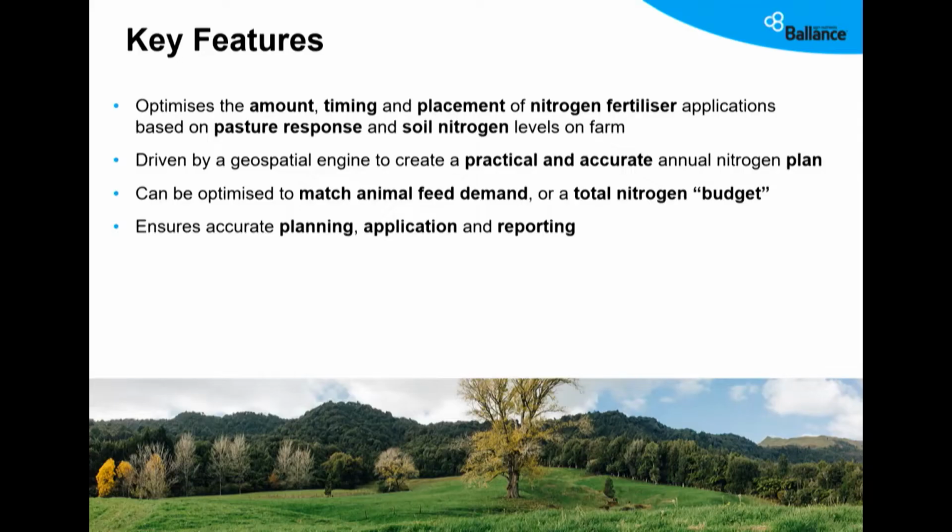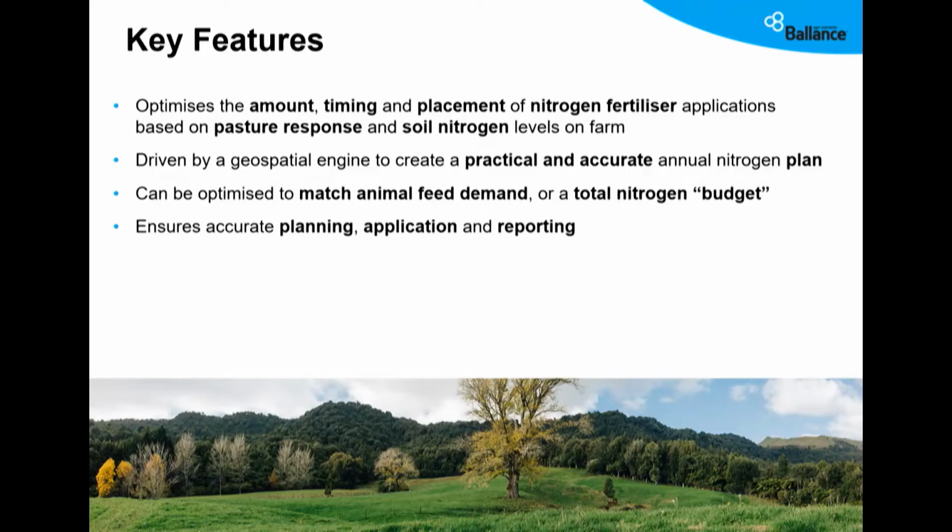Key features is that My Pasture Planner optimises the amount, timing and placement of nitrogen fertiliser applications, and as I said, based on that total soil N level. It initially came out, as some farmers may remember, as N Guru, which is a one-off, repeated each time for each different part of the farm system. But this has become more geospatial, at least on a block basis, but you can block your farm up as much as you like.